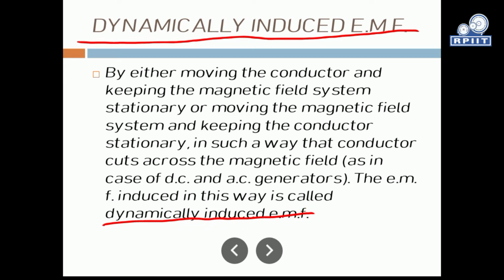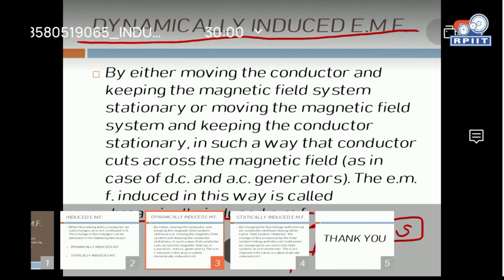For example, here a coil and a magnet. This is the magnet, north pole and south pole. There is no electrical connection between these two. These are the number of turns through which a galvanometer is connected here.